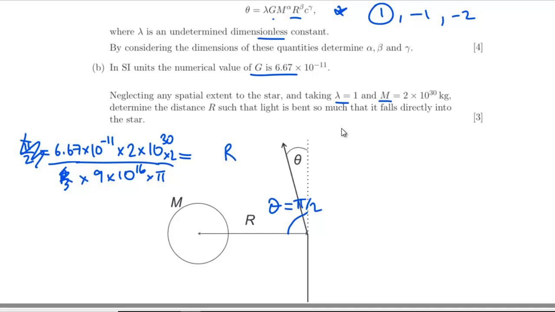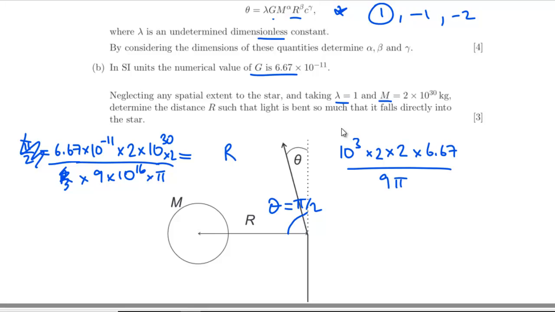Just getting rid of that, which means for tens, we got a minus 27 and a 30, so we've got 10 to the 3. Then we've got 2 times 2 times 2 times 6.67 divided by 9 pi.